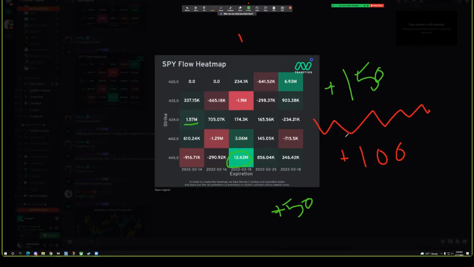It's going to calculate the puts and the calls, and whoever has more, it will express that on the chart. And if there's more puts than calls, then it's going to turn out to be negative.